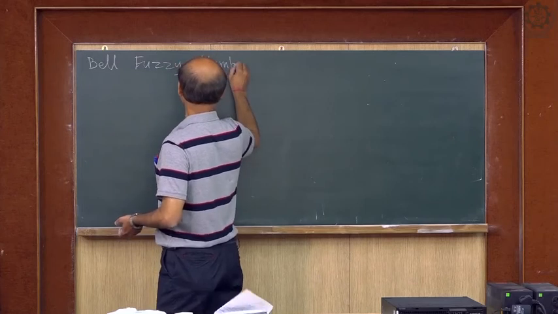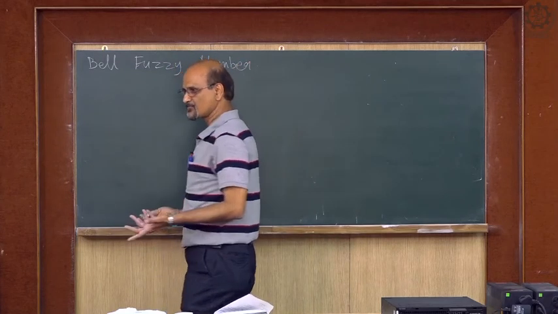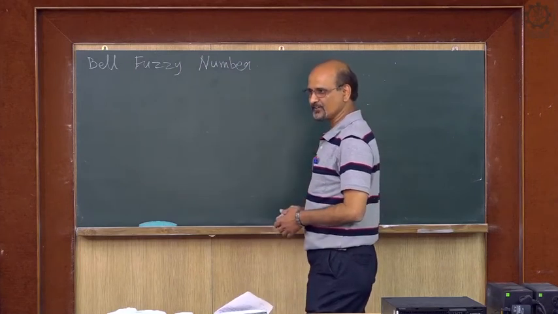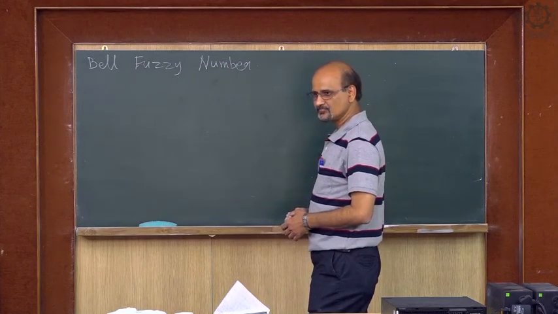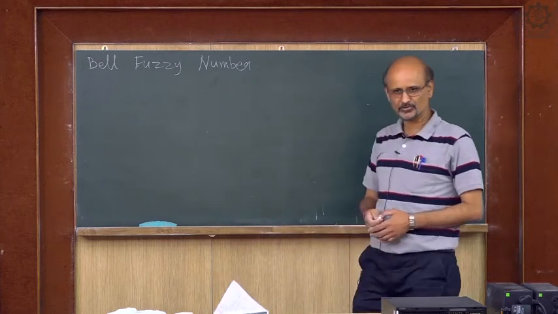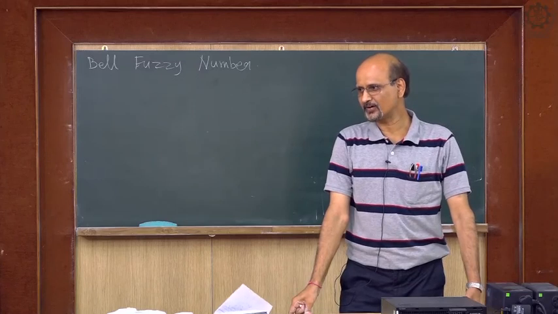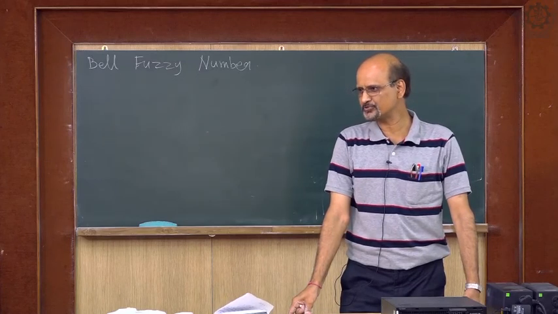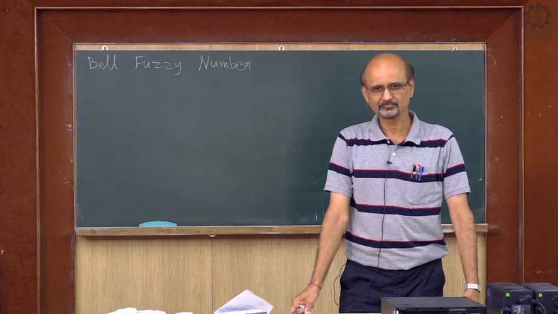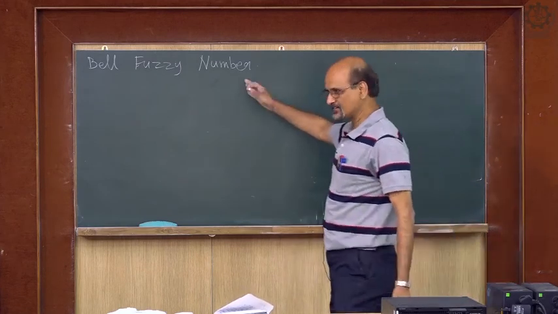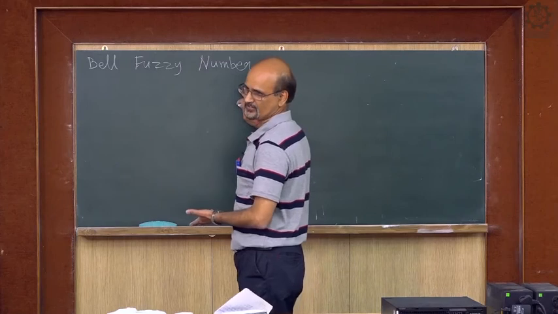In temples and all, anywhere, you have seen a bell. So, the bell fuzzy number, mathematically in 2D, more or less it is a normal distribution. So, that is why this fuzzy number is given by that formula only.